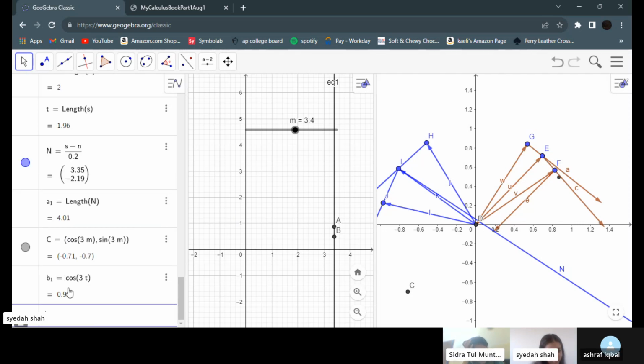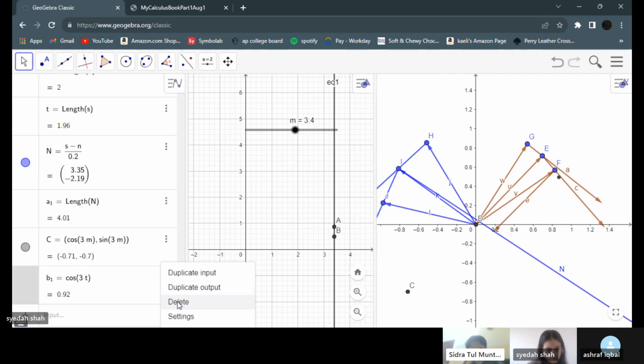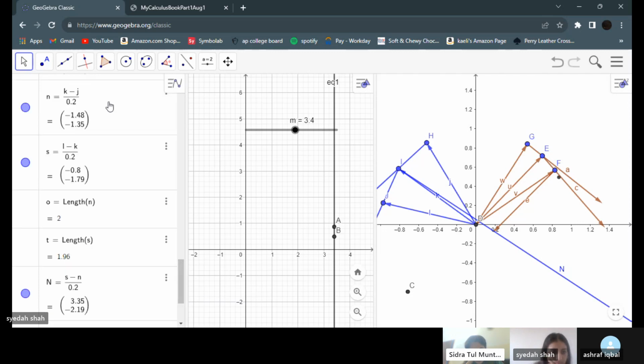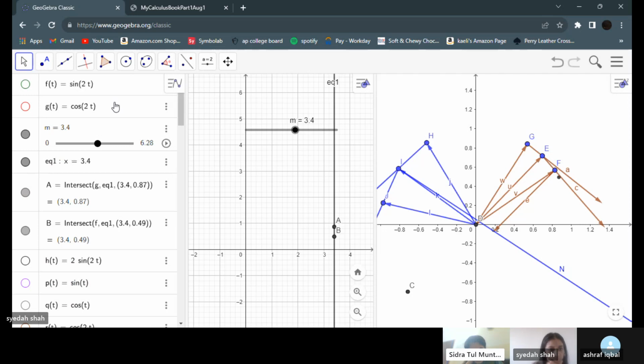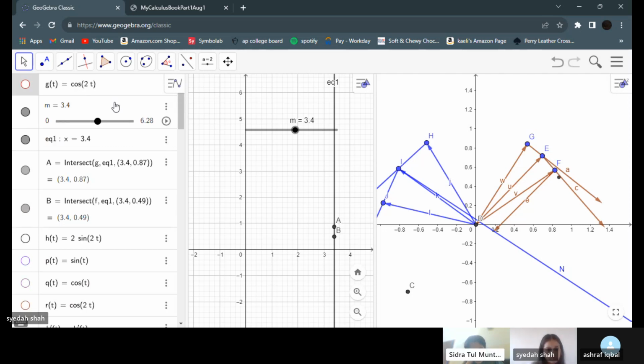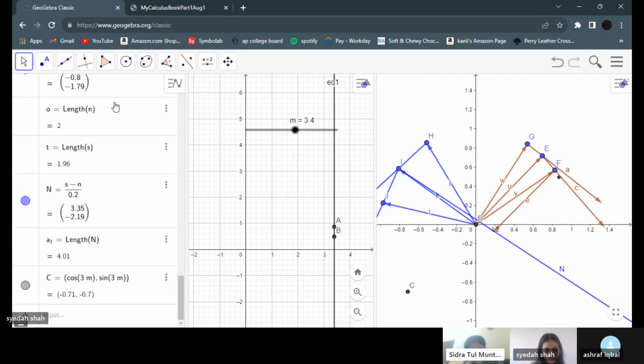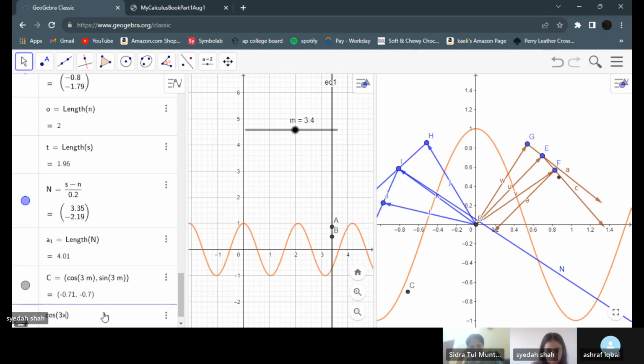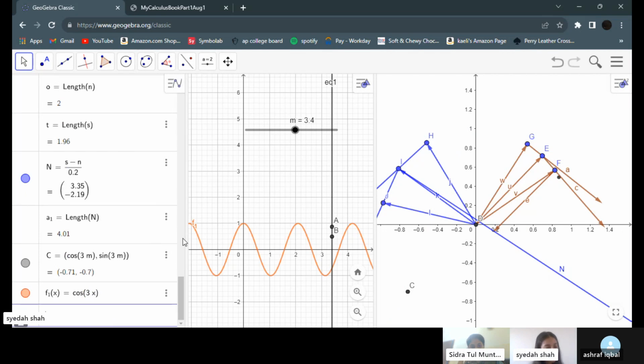It's still a number, it's not a wave coming out. You have to click on the first graphics. Now write cos of 3x. Click on the first graphics and write cos of 3x. Okay, now it has come.